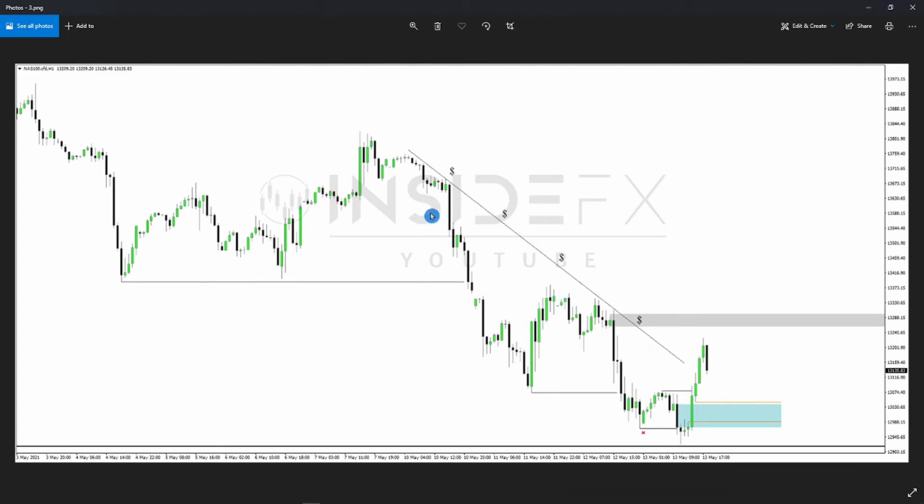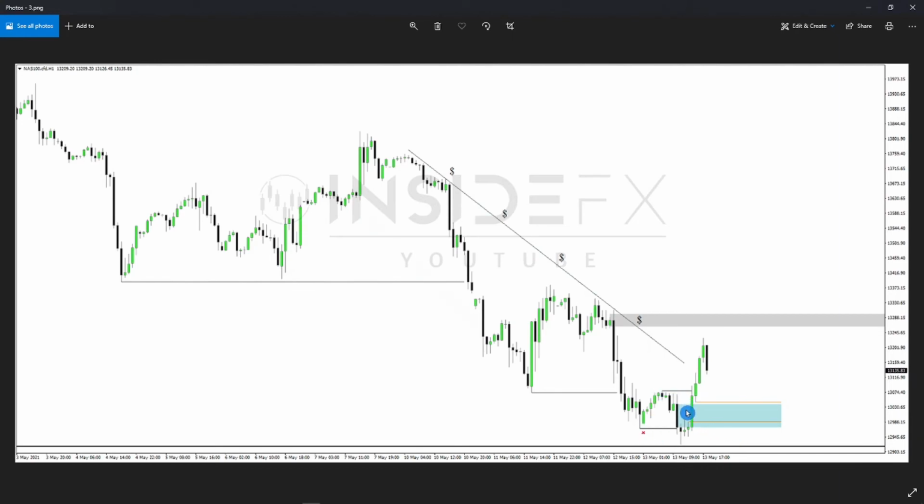This trend line, I just marked this out, and as you can see with the dollar signs, that helps show me that there's liquidity, because that's what the retail traders are seeing. They're seeing this trend line, and I know that there's a lot of liquidity above these highs right here. You can see here with the red X, I marked that out, and price took out sell stops right below the old low.